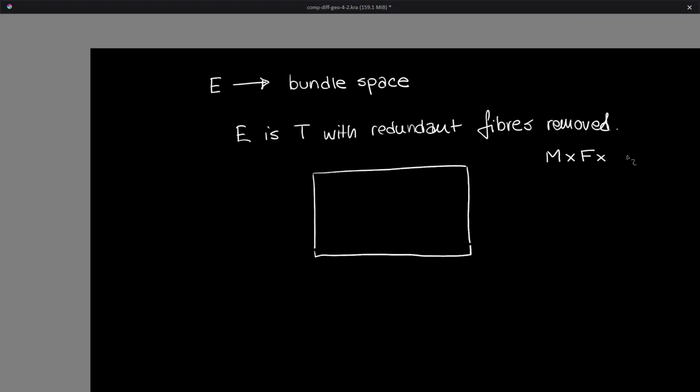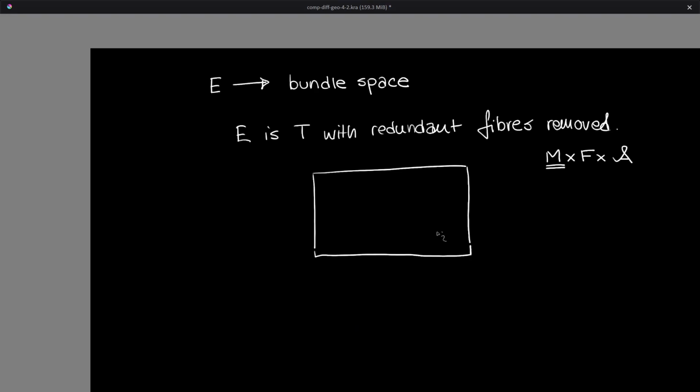It doesn't fill up M cross F cross A, right? But it doesn't skip any part of M, because we do need all of M in order to make the vector bundle, at least a vector bundle in the global sense. We would need all of M to be represented.